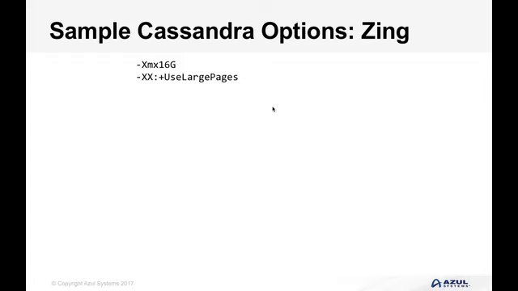So this gives you an idea of how well Zing works. We don't need all of these extra options to tell the garbage collector all these different little knobs that need to be tuned. We simply say, this is how big the heap needs to be. In this case, we're going to use large pages to optimize the underlying OS way of doing things, and that's it. You just let the Zing C4 way of doing things work, and it will optimize for you.